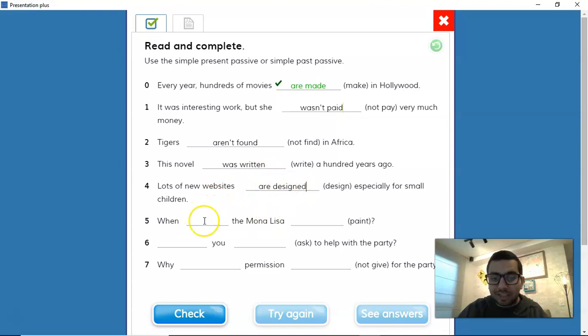When, oh, now it's a question. Mona Lisa is that piece of art, and it was created in the past, so we know it's in the past. So when was Mona Lisa painted?